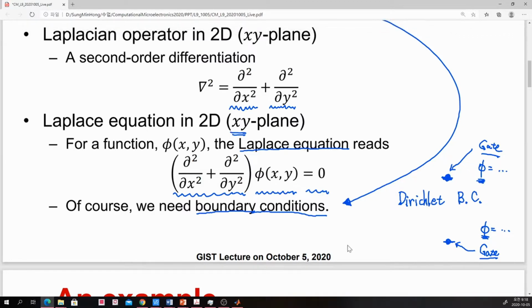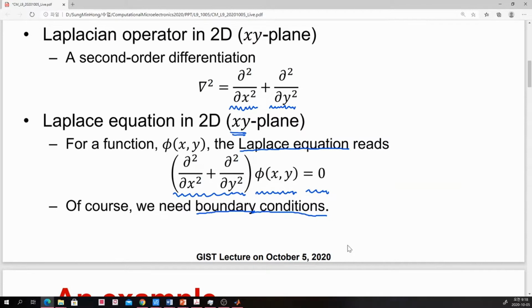But in the case of a two-dimensional structure, things become a little bit more complicated. Why don't I just draw the target structure in this lecture? Eventually I wanted to think about this type of structure.